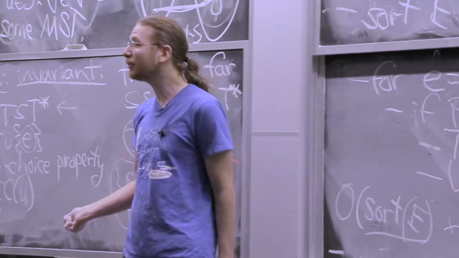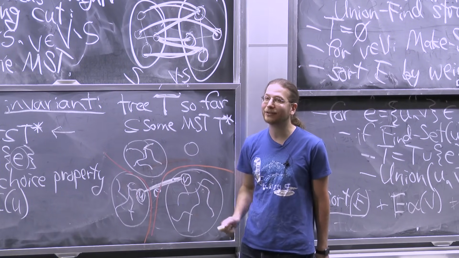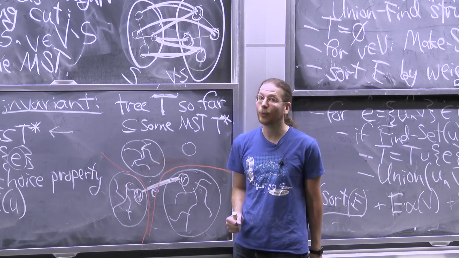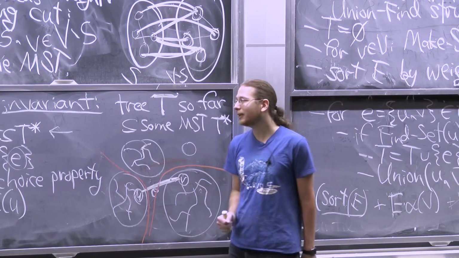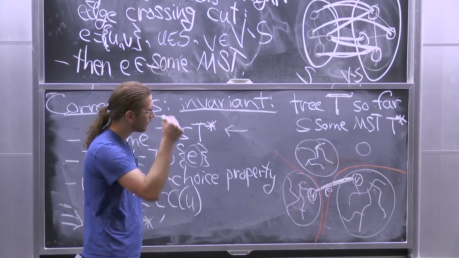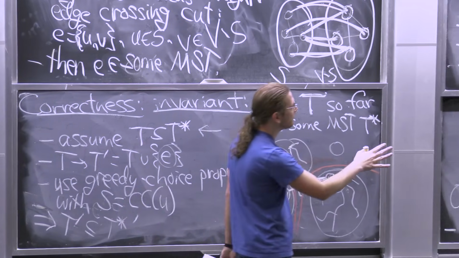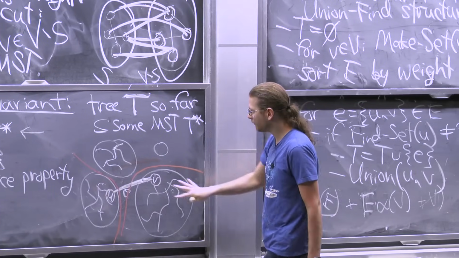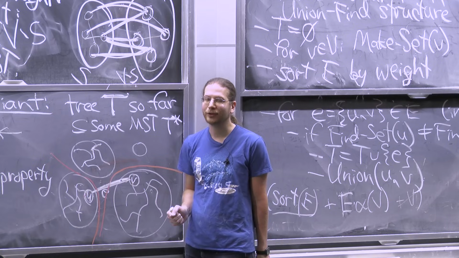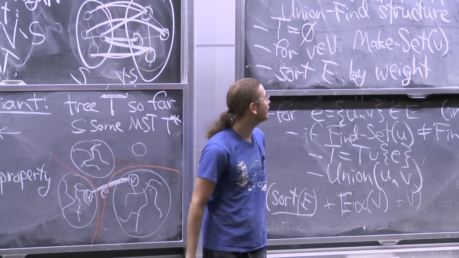Actually, to apply the greedy choice property, I need not only that E crosses the cut, I also need that E is the minimum weight edge crossing the cut. That's a little more argument to prove. The rough idea is that if you forget about the edges we've already dealt with, E is the globally minimum weight edge. Okay, but what about the edges we've already dealt with?